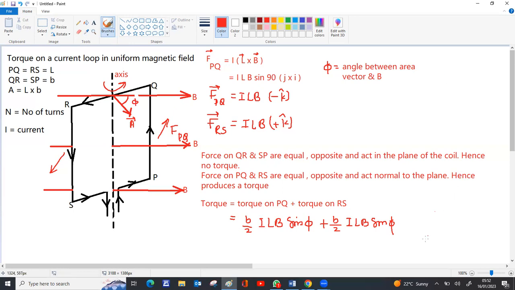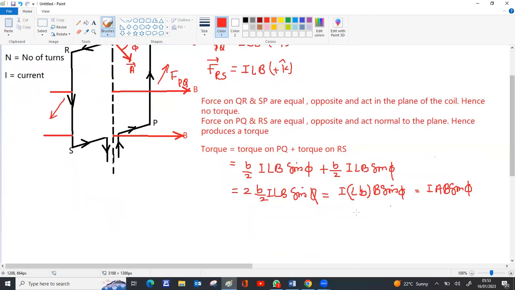When you add these two, this will be 2 times b by 2, ILB sin phi, which is equal to I, l b first, then B next. This will be replaced as area and capital B magnetic field. So this will become finally I into area, B sin phi.